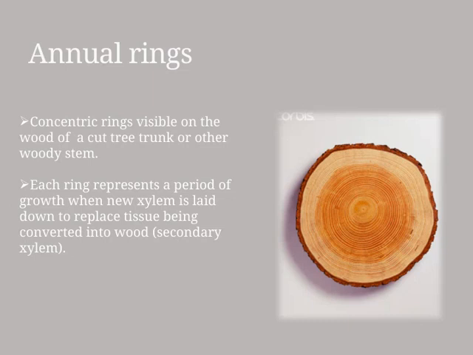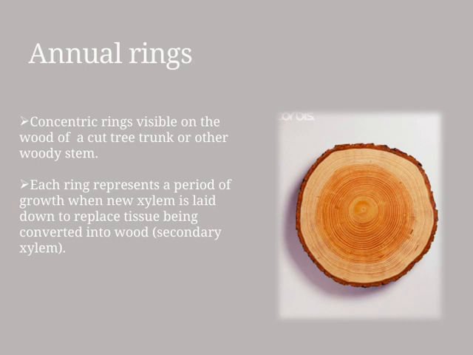Let's take a closer look at annual rings. These are the concentric rings you can see on the wood of a cut tree trunk or other woody stems. Each of these rings actually represents a specific period of growth. During this time, the tree lays down new xylem tissue to replace the older tissue that's being converted into wood, a process known as secondary xylem formation. The most important point here is that these rings can tell us a lot about the tree's age and growth conditions over time.